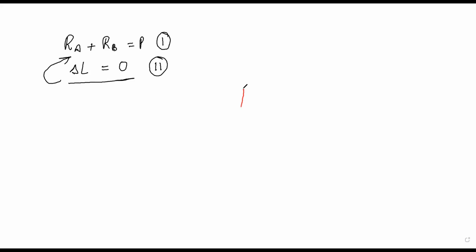We have taken this rod. This is my end A, so here we are having reaction Ra. Here we are having reaction, let's call that Rb.